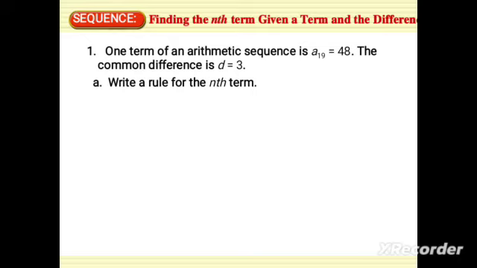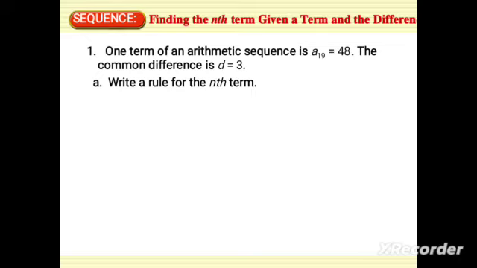Now let's move to finding the nth term given a term and the common difference. We want to look at a situation whereby a term is given, I'm not talking about the first term. It can be the first term, or in this case it will be any term, and the common difference is provided.